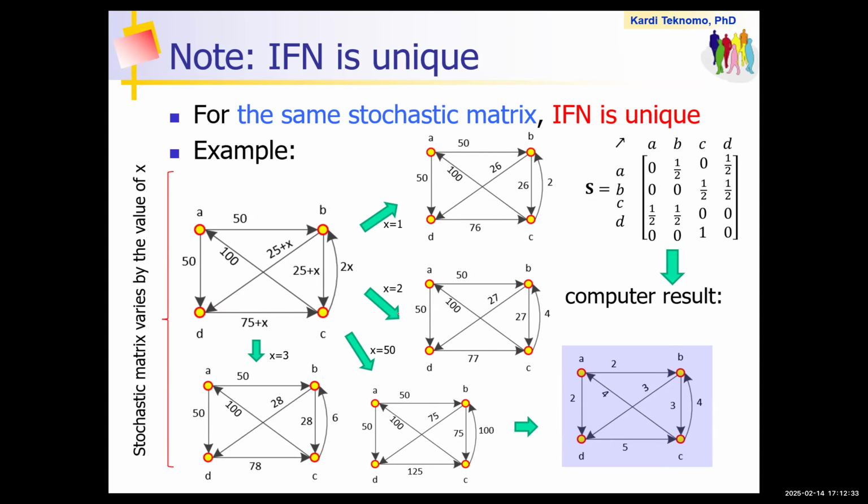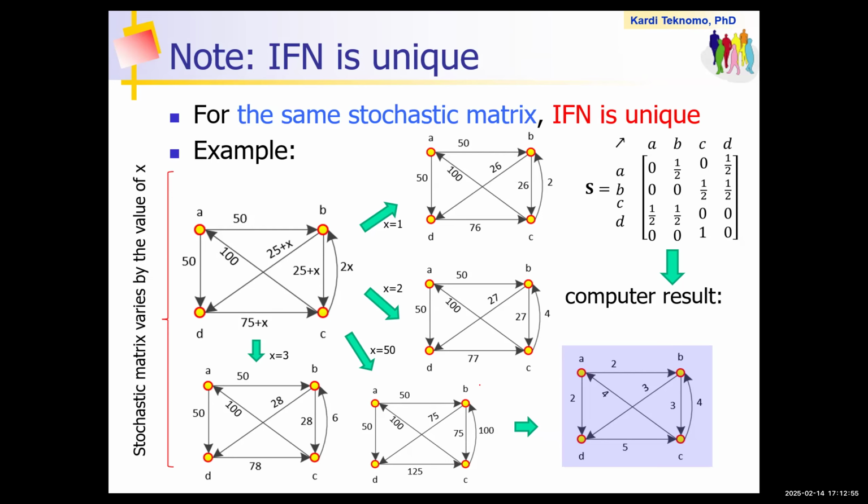If I put x equal 2, I will get this value, and if I put x equal 3, I will get this value, and so on. If I put x equal 50, I will get this value. So which one is the equivalent IFN?